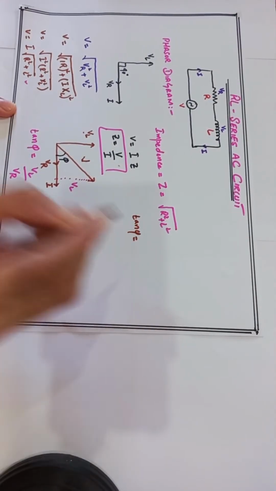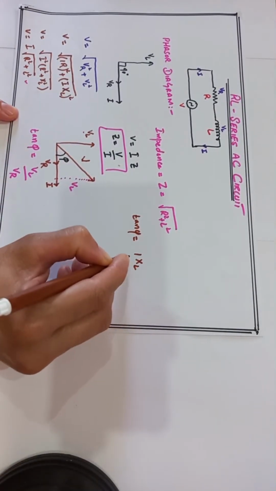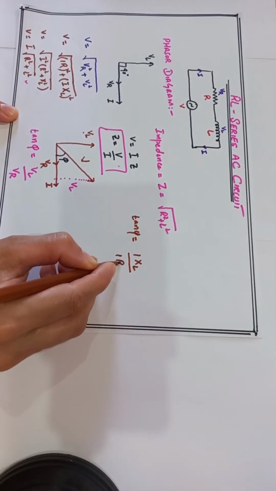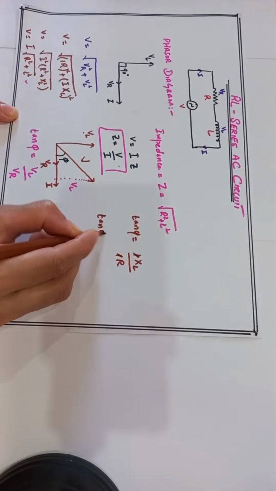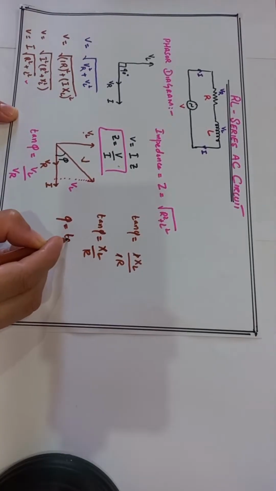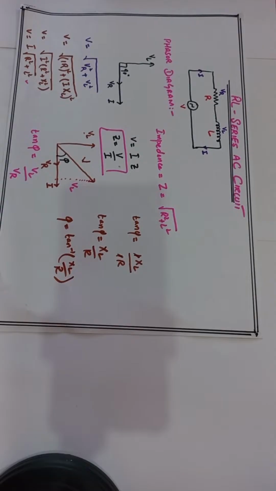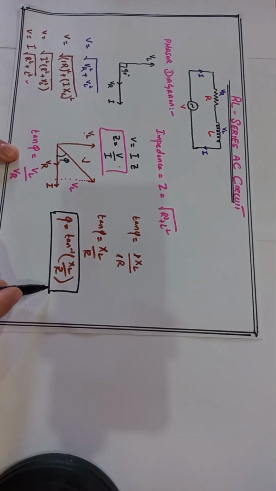Now we find the angle phi. We know that VL is equal to I XL, where XL is the inductive reactance, and VR is I R, so the current I cancels. So tan phi is equal to XL over R, or angle phi is equal to tan inverse of XL over R. We can find the phase angle by this formula if we know the inductive reactance and the resistor R.